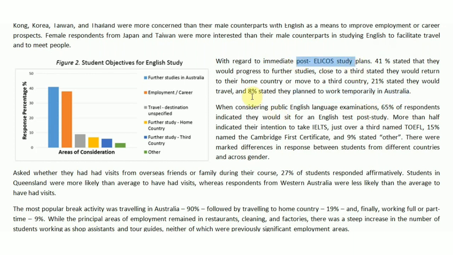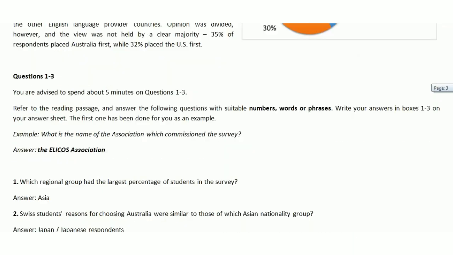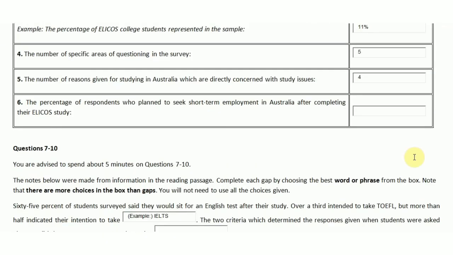So what's our percentage of respondents? 8%. So definitely this is the location of the sixth question, and the answer is 8%. So let's write it down. 8%. So this is the answer of the sixth question.